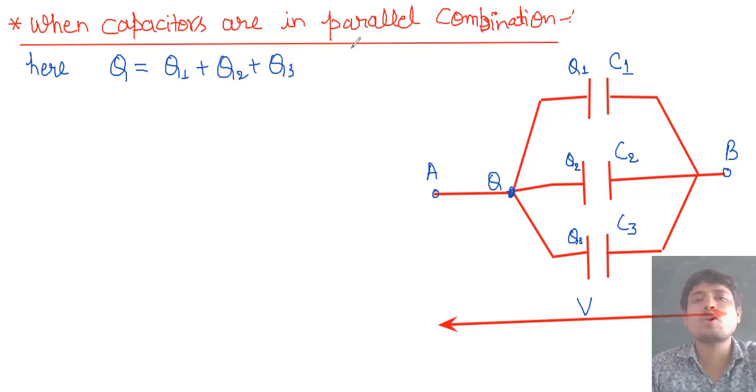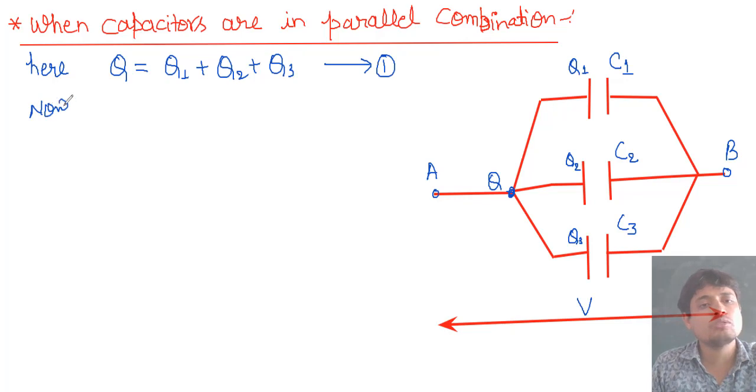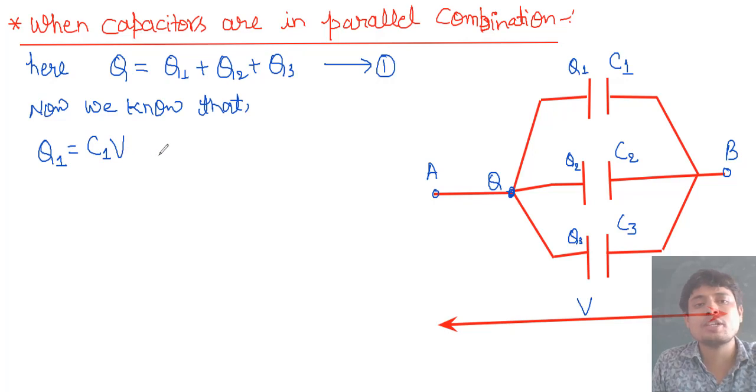This is from the conservation of charge. Say equation number 1. Now we know that for the first capacitor C1, Q1 equal to C1 into V, capacitance into potential.